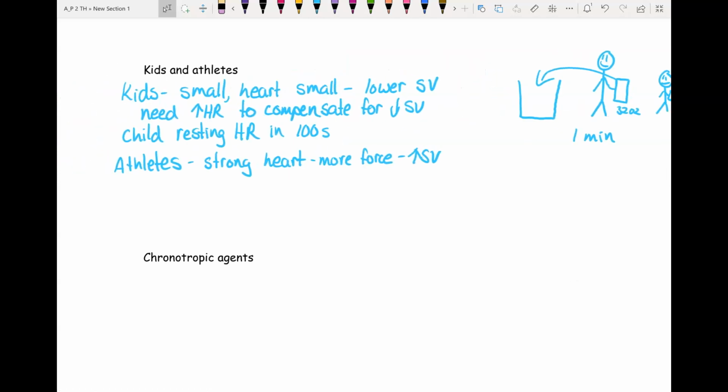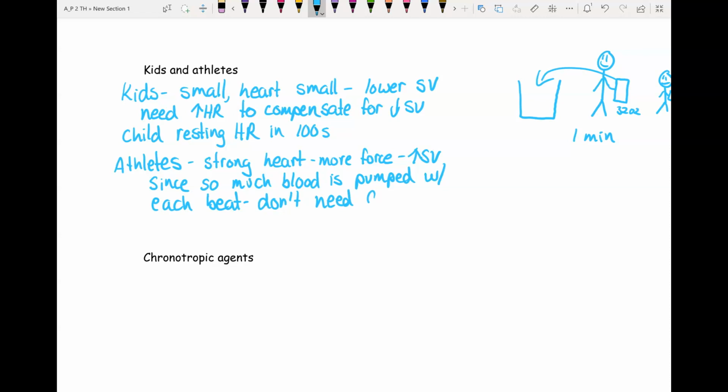Because athletes have such a high stroke volume, they don't need their heart to beat very fast. So an athlete's resting heart rate can be about 40 to 50.